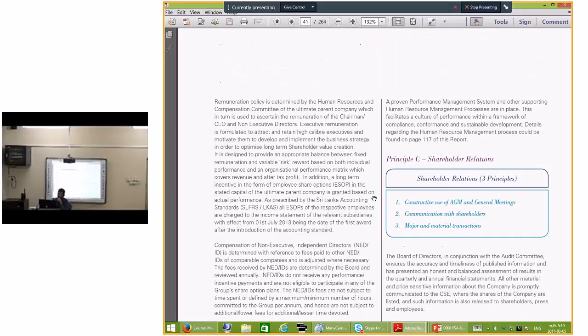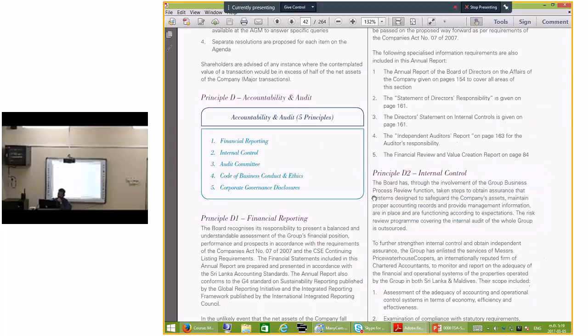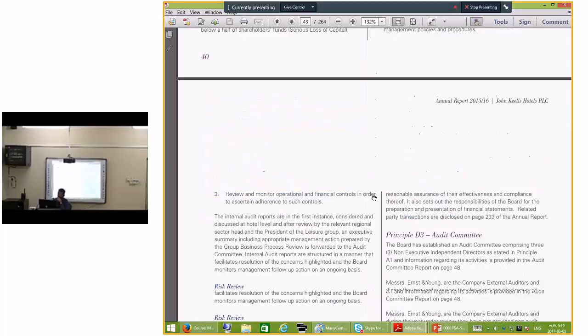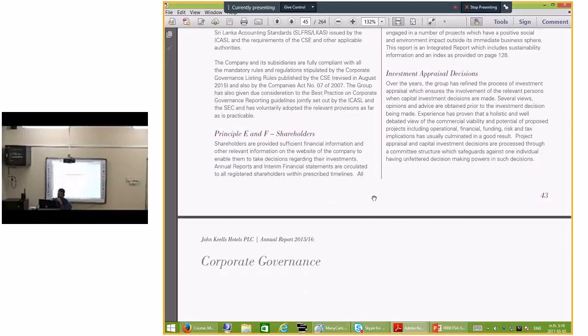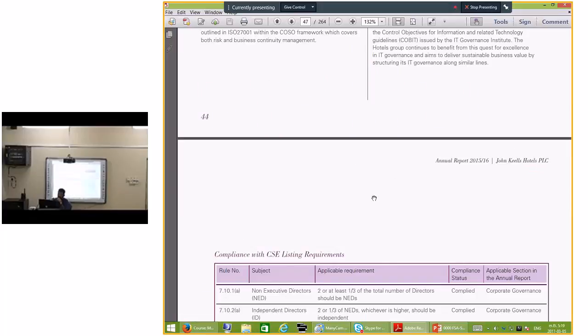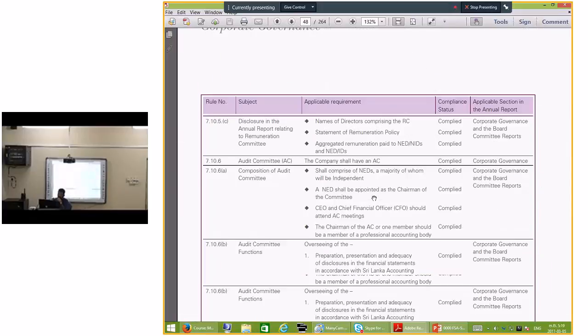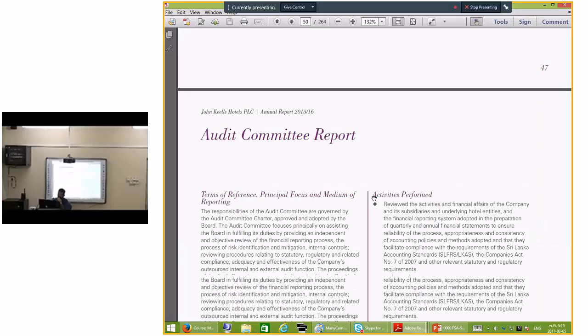Again you can see the majority of pages are allocated for corporate governance, and in some organizations they allocate a number of pages for CSR and other attractive pictures.